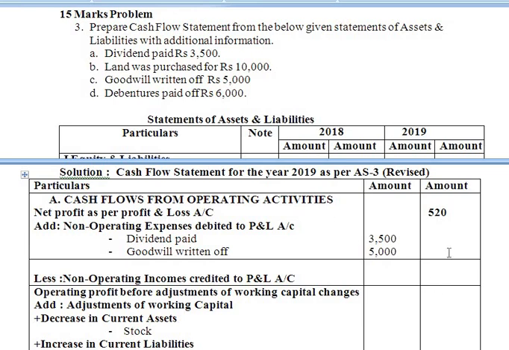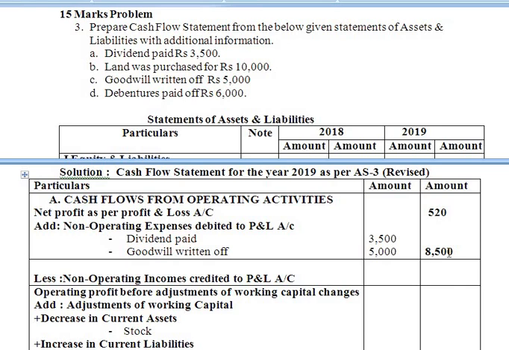So total non-operating expenses only we have two, 3,500 plus 5,000, so it is 8,500. So 520 plus 8,500 is 9,020 rupees.